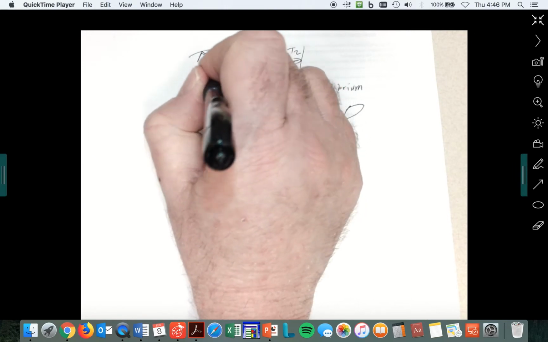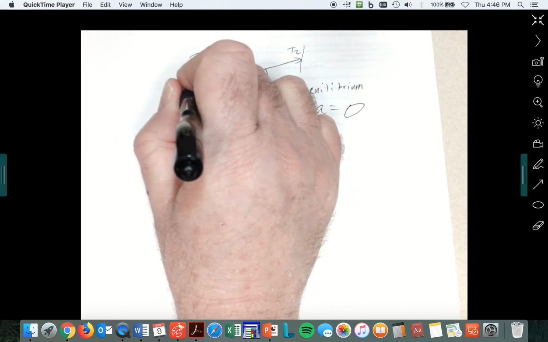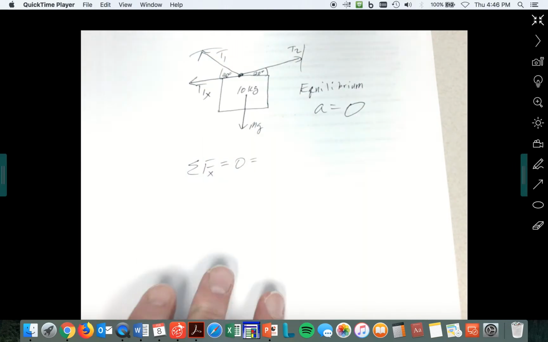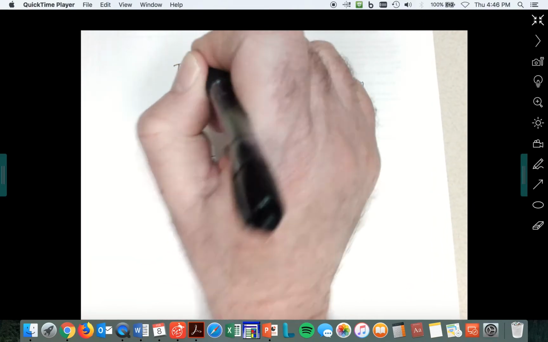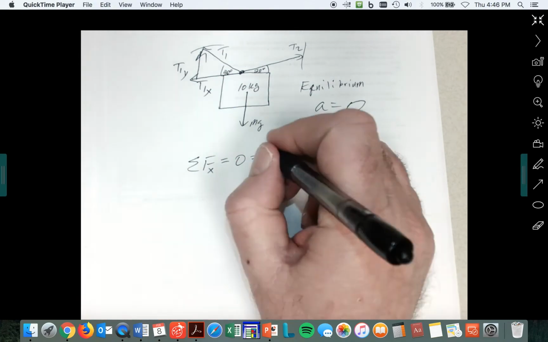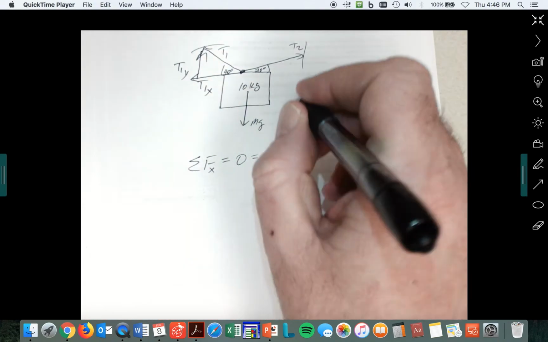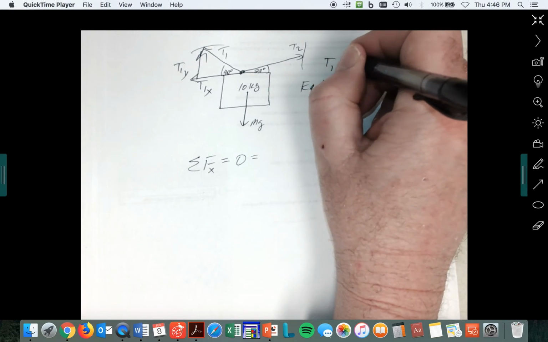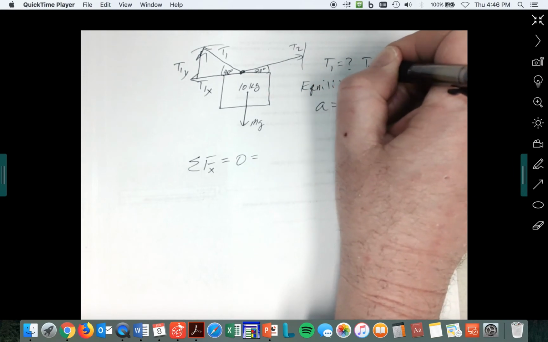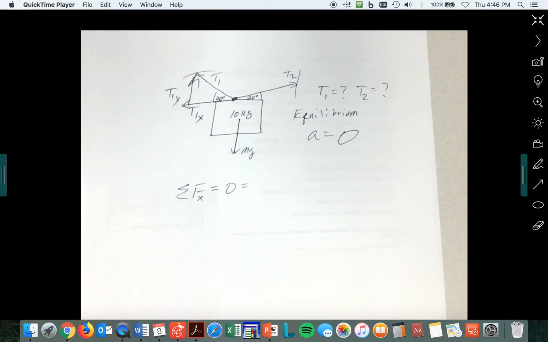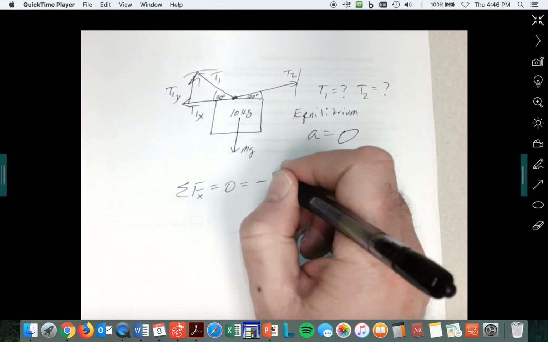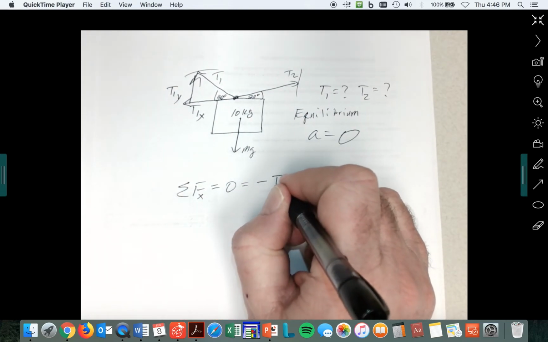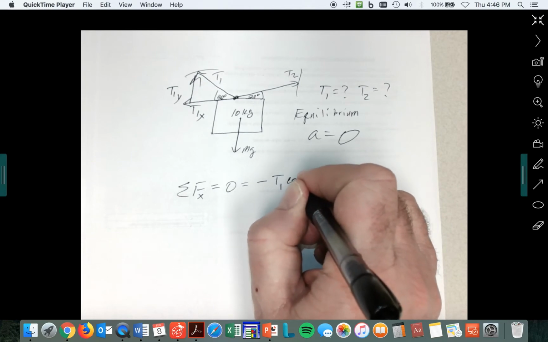So here's T1, here's T1x, and here's T1y. T1x is equal to minus T1. What I'm trying to find is T1 and T2. I've got two unknowns here. T1x is equal to minus T1 times the cosine of 40.